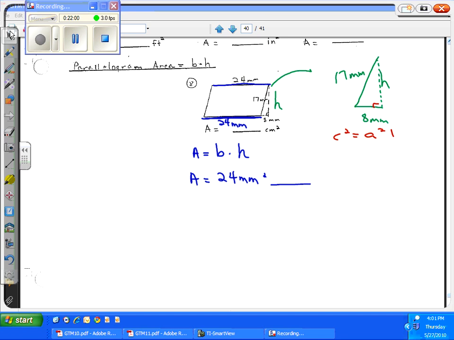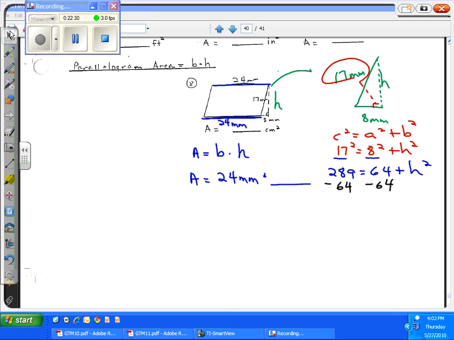C squared equals A squared plus B squared. The C is always the one across from the right angle, so we take hypotenuse squared equals one leg squared plus the other leg h squared. We're going to do the exponents, so we have 289 equals 64 plus h squared.